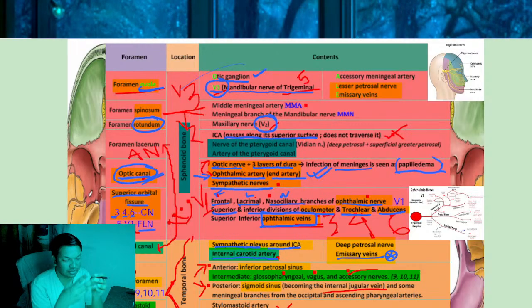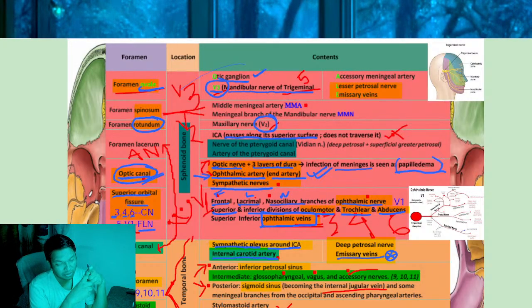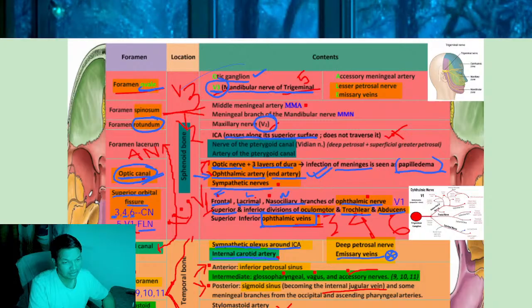V1 is ophthalmic, V2 is maxillary, and V3 is mandibular. Then accessory meningeal artery, lesser petrosal nerve, and emissary vein.